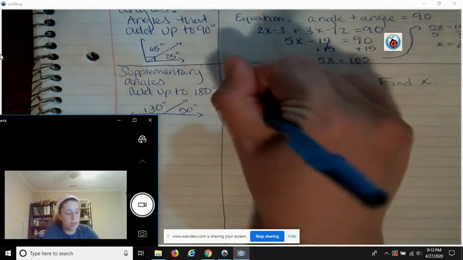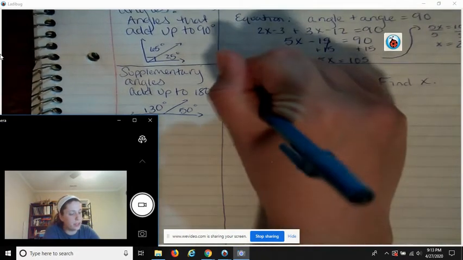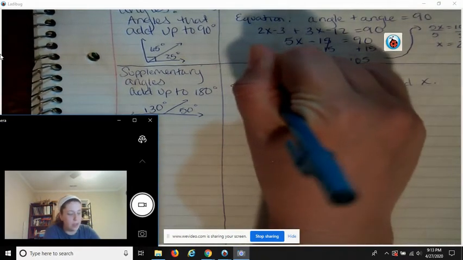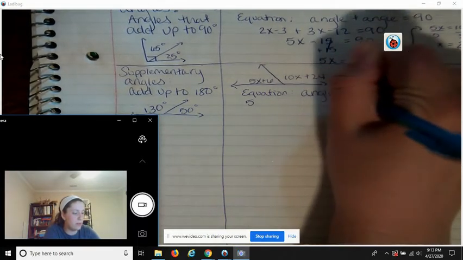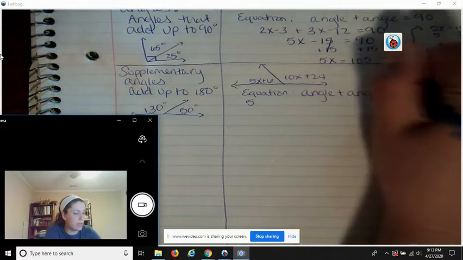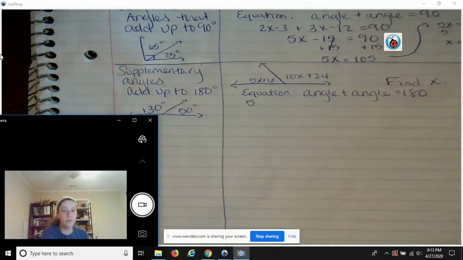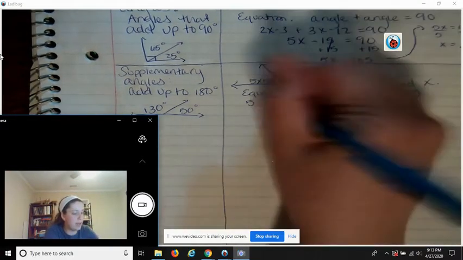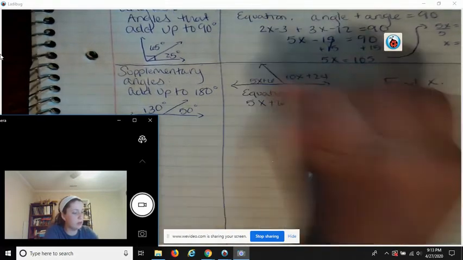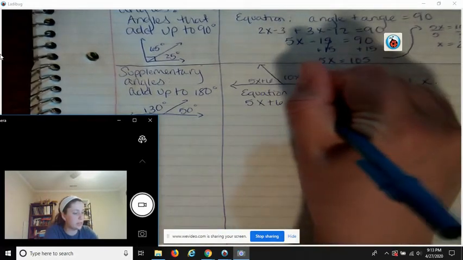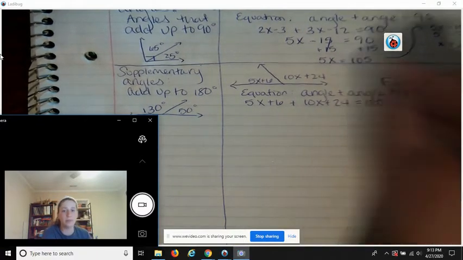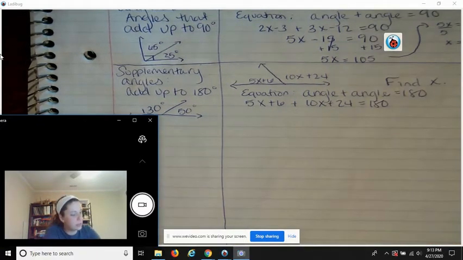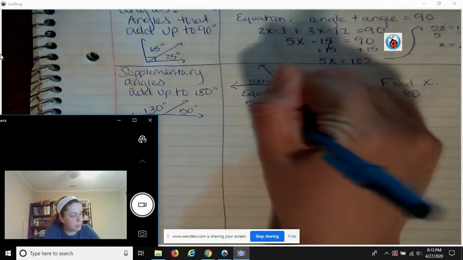So let me write out our equation. It's going to be our angle plus our angle equals 180. So we're going to have 5x plus 6, that's my first angle, plus 10x plus 24, that's my second angle, equals 180.